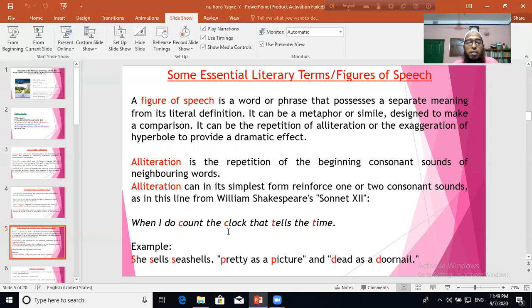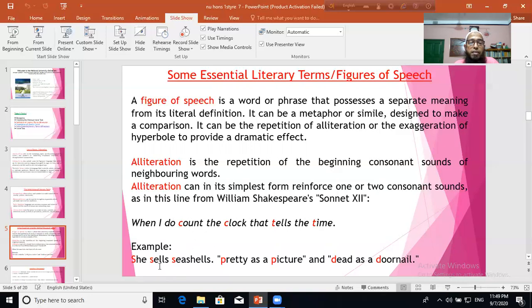If you look at the sentence, you see count, the consonant sound ka, and clock, ka. The repetition of the same consonant sounds ta, ta, tells the time. So this type of repetition of consonant sounds is a figure of speech, named alliteration.